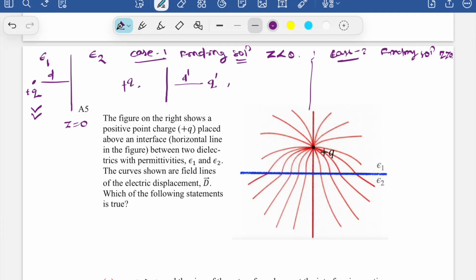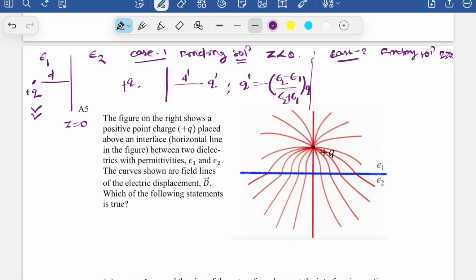Here I am showing the q prime. If you go through the derivation, you will find q prime comes out to be a function of q and epsilon 1 and epsilon 2, which is epsilon 2 minus epsilon 1 divided by epsilon 2 plus epsilon 1, times q.